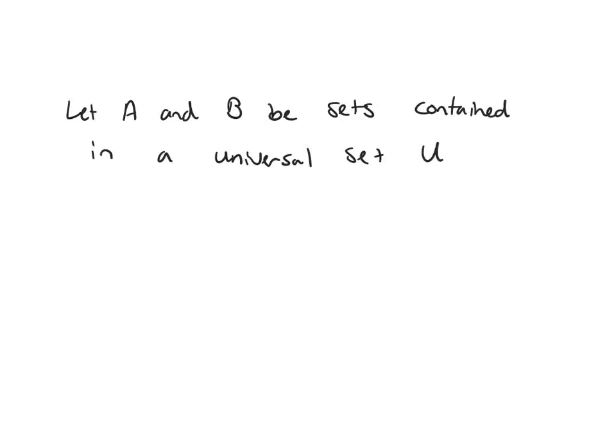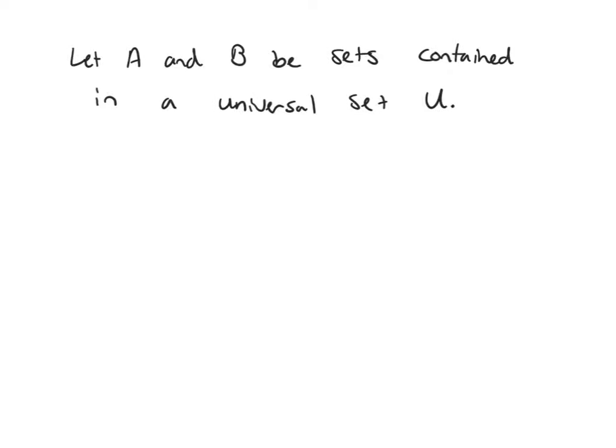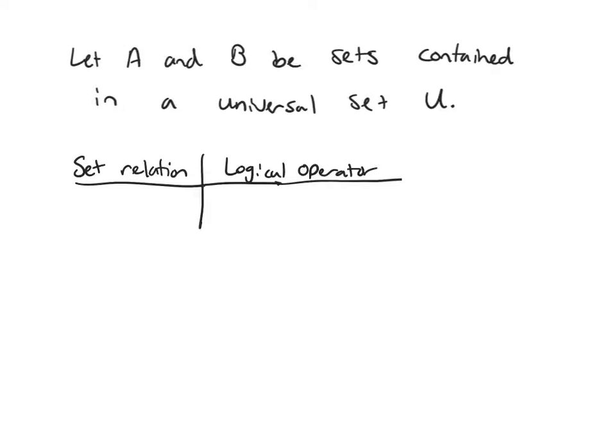Let's say I have two sets, A and B, contained in a universal set, U. And then I'm going to make this connection between my set relation and my logical operator. And then I want to focus on the definition after that.